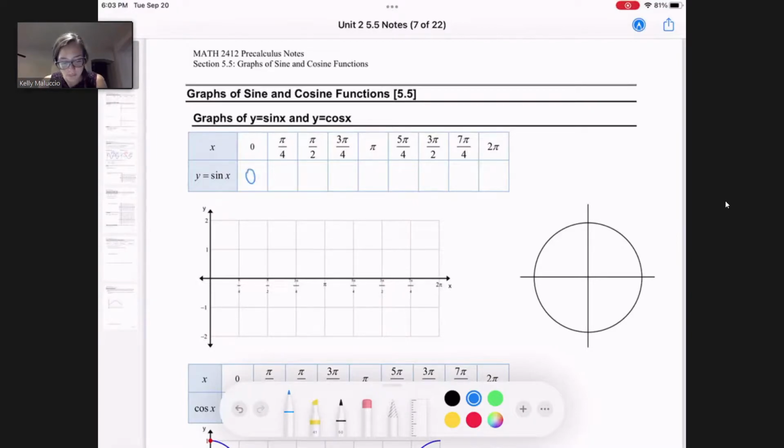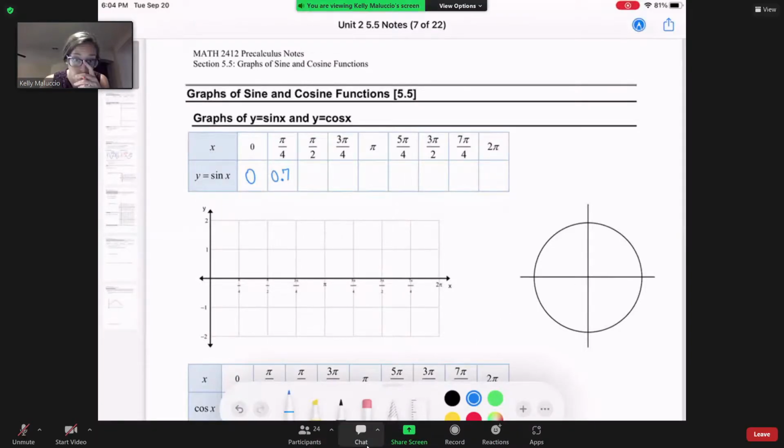I know sine of 0 is 0, then sine of pi over 4. And we're just going to get these decimals. We want to see what this graph looks like. So sine of pi over 4, we know that it's root 2 over 2, but that's about 0.7, I'd say. We're going to try to round.